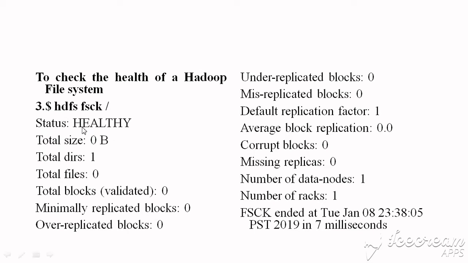Healthy in the sense no errors in the file system. It also shows you the number of directories created and what files are created. Here I have only created one directory and there are no files. It also shows you the replicated blocks. Everything is 0 for now, that's why it is showing 0.